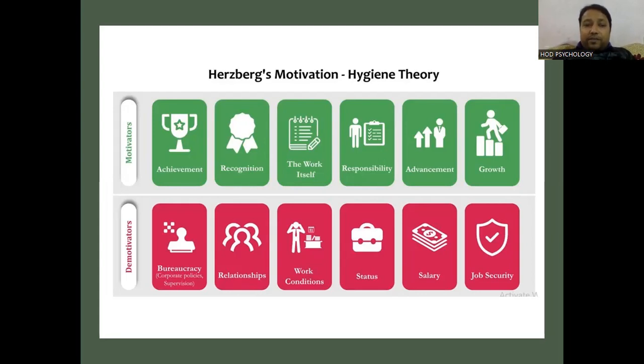While demotivators like bureaucracy or corporate policy, relationship with your peers or group members, work conditions, physical and psychological work conditions, status in the organization, salary, job security, these can be the demotivators of the two-factor theory, that is the motivation hygiene theory given by Herzberg.